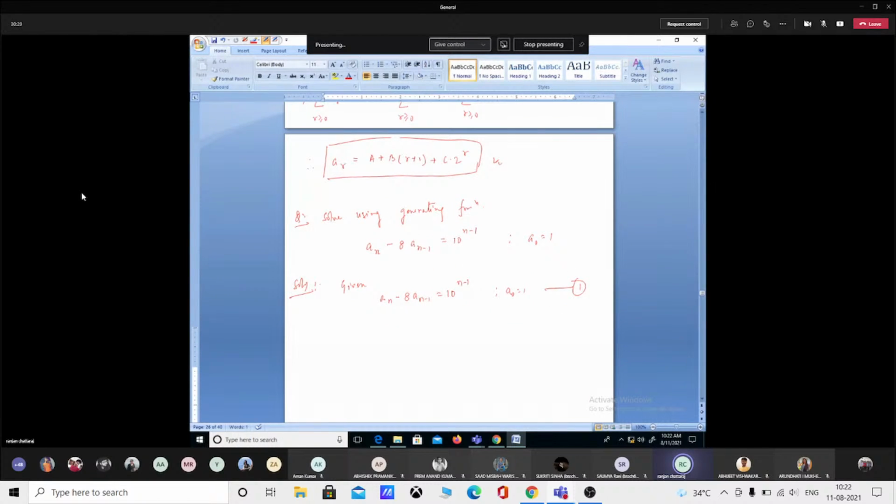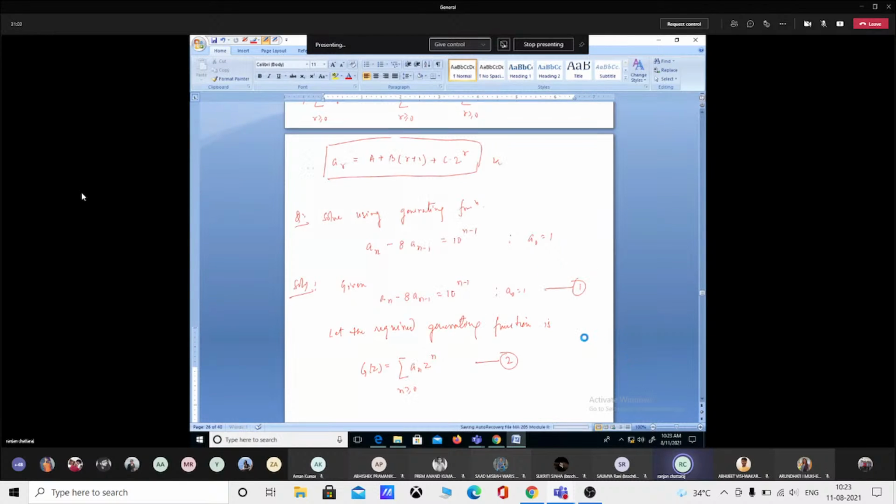Consider the generating function. Let the required generating function be G(z), and that's equal to the sum of a_n z^n.